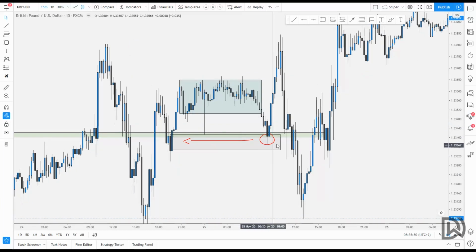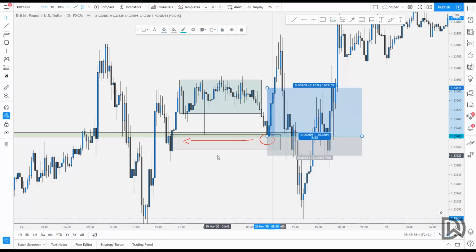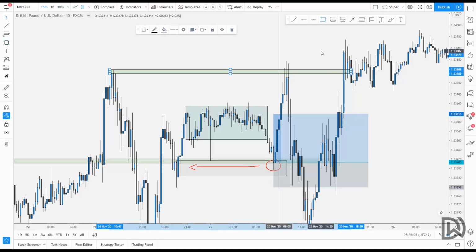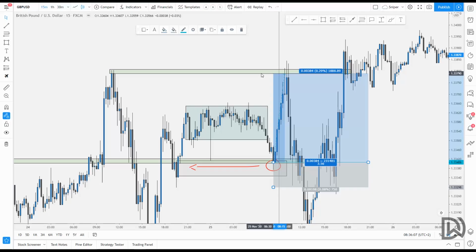So we have the wick zone as well as added confluence to look for longs. So I entered the buy limit as price reached into this level, stop loss below the zone or below that wick, and then take profit at the previous wick zone area over there. And that was the trade.